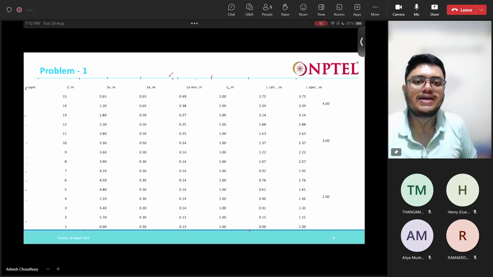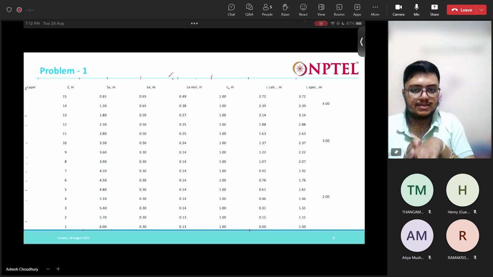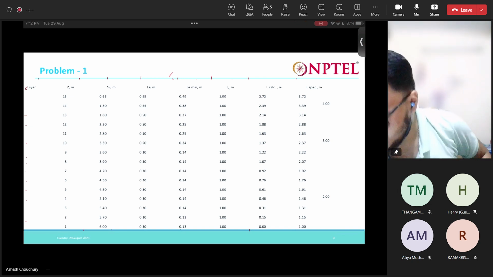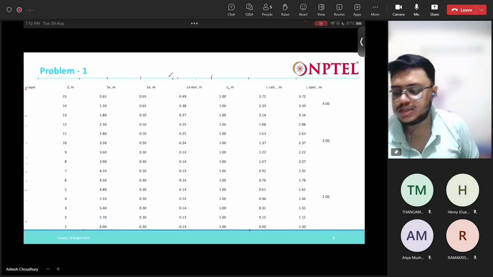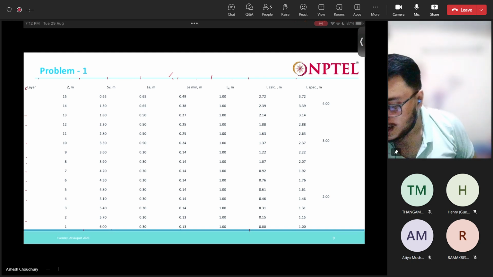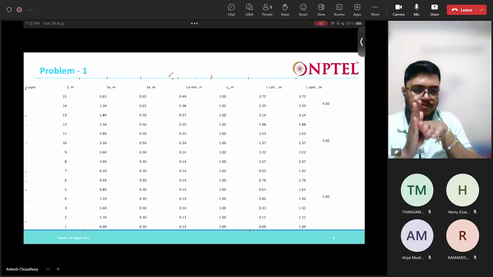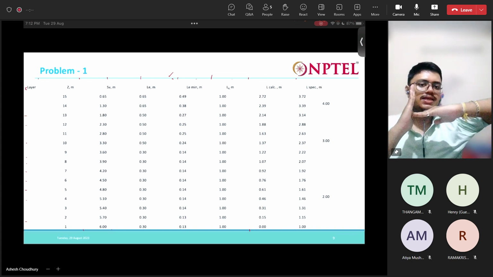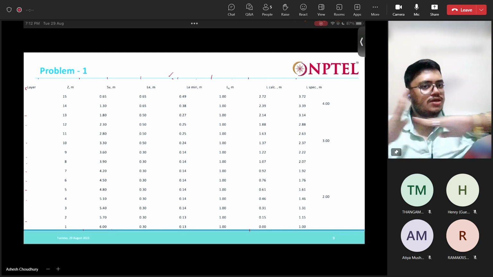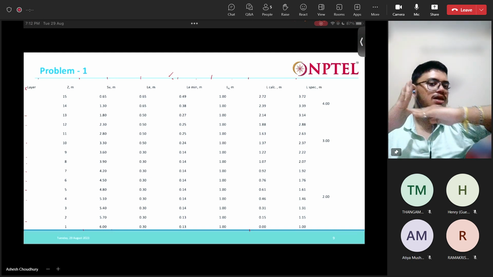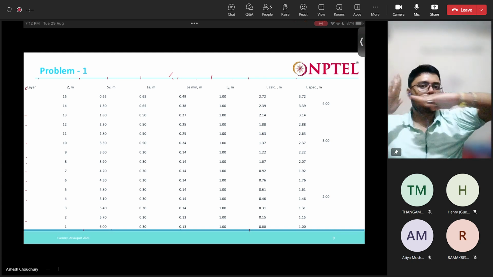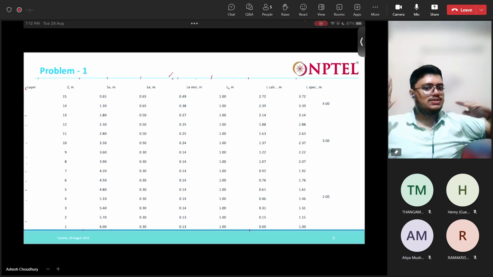Now, if the calculated L length is lesser than the width, so this is the length direction of the geotextile, this is the machine direction, this is how the geotextile is rolled, lengthwise, and this is the width.